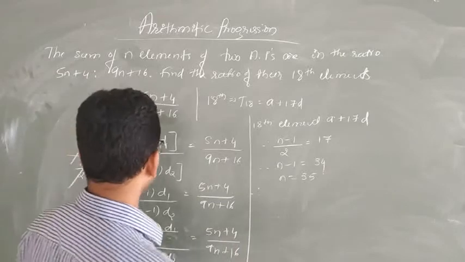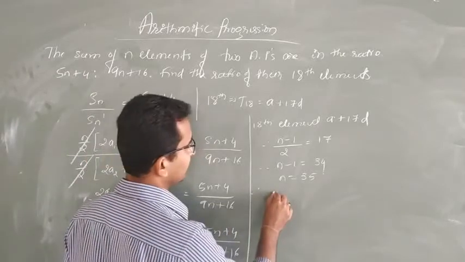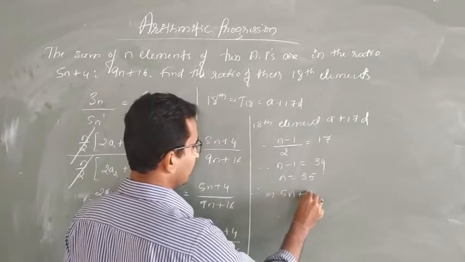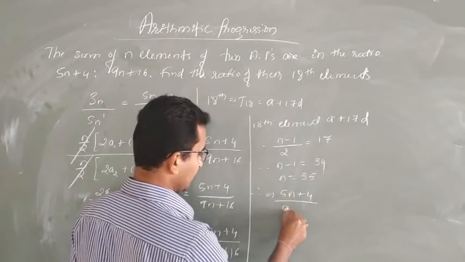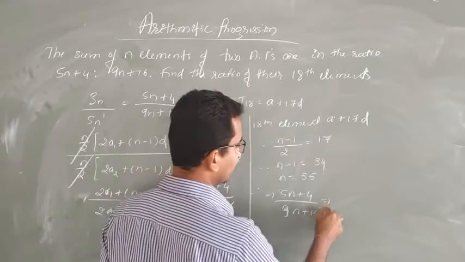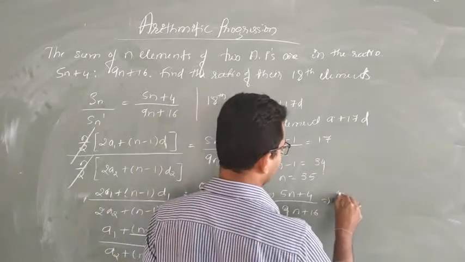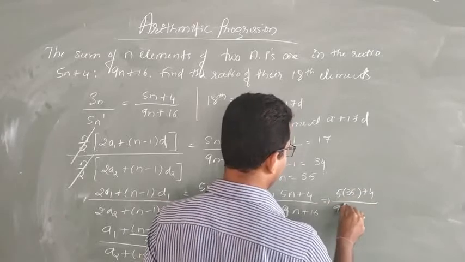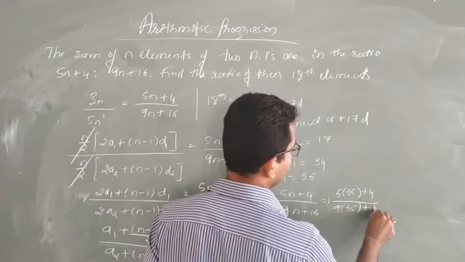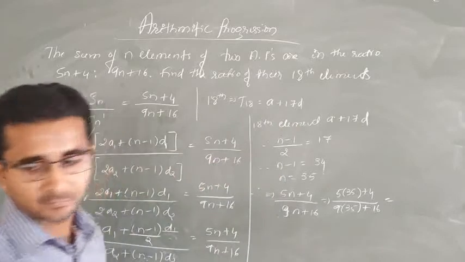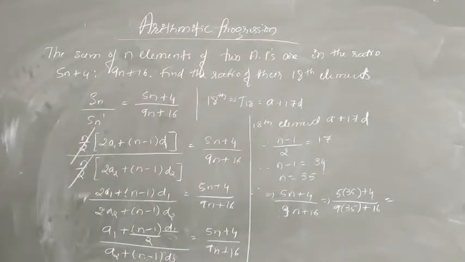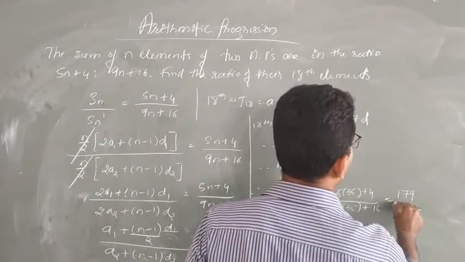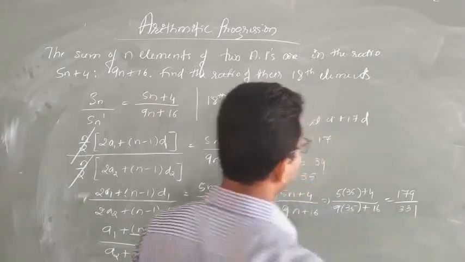Therefore 5n plus 4 divided by 9n plus 16. In place of n, substitute 35. That is 5 into 35 plus 4 divided by 9 into 35 plus 16. And the answer is what? We have 179 divided by 331 as your answer.